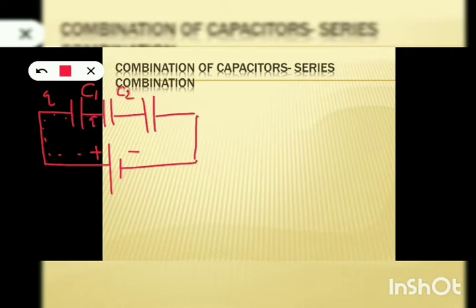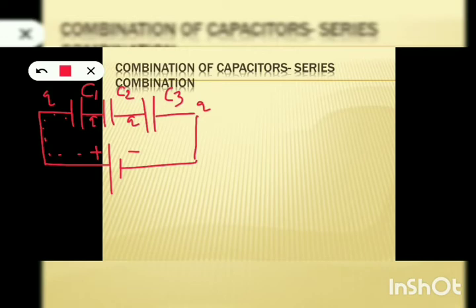Let C2 be the capacitance of the second capacitor. After crossing the second capacitor, the same charge Q flows through the third capacitor, and let C3 be the capacitance of the third capacitor. After crossing the third capacitor, the same charge Q flows towards the negative terminal of the cell.